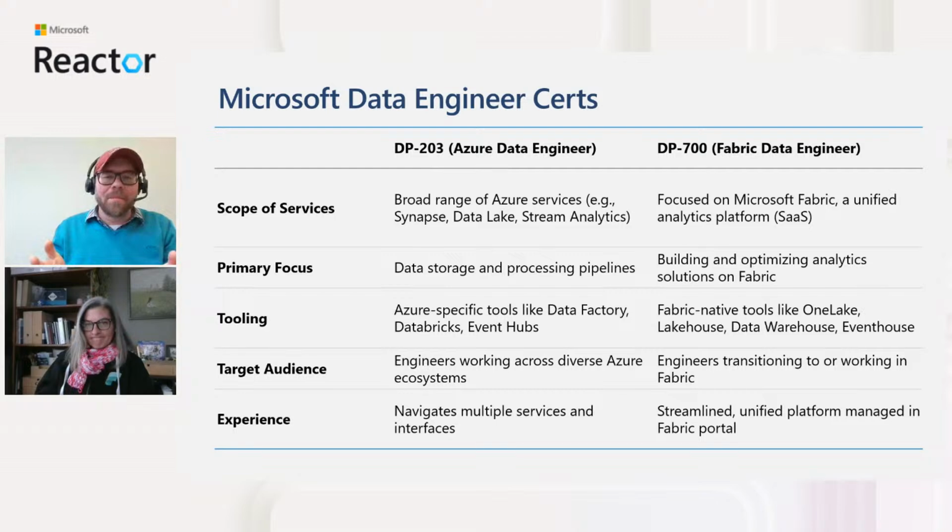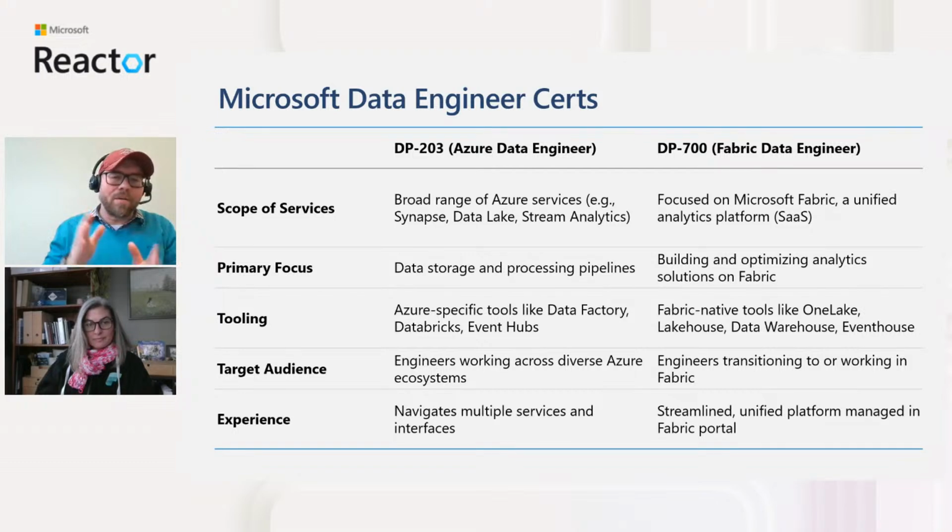The good thing is that if you have already passed the DP-203, many of the skills are also tested in the DP-700, but Fabric oriented. Many things, like for example pipelines, are very similar.